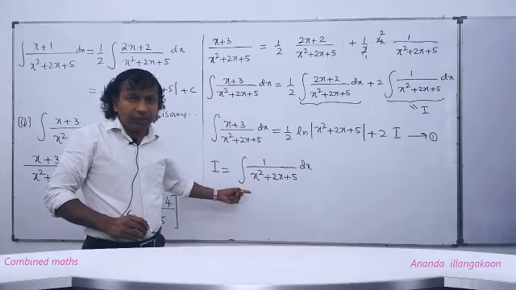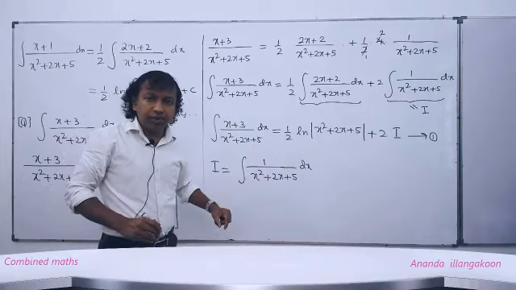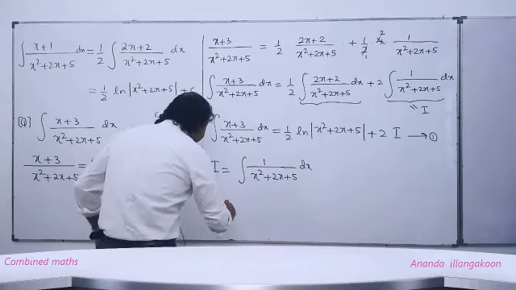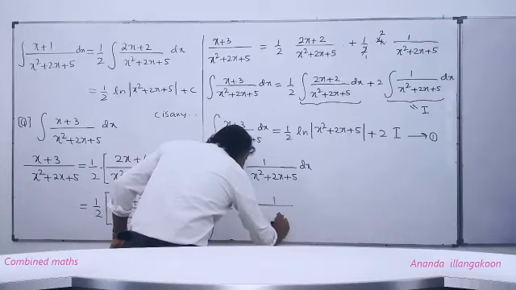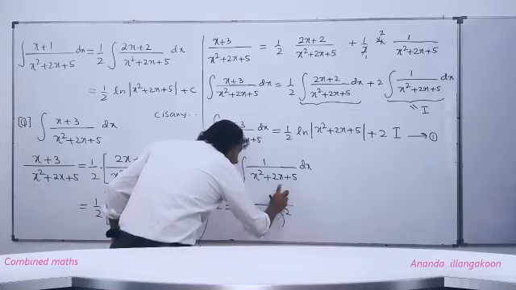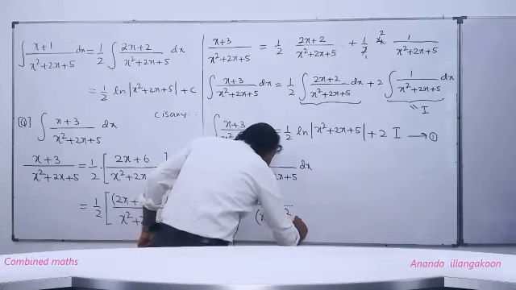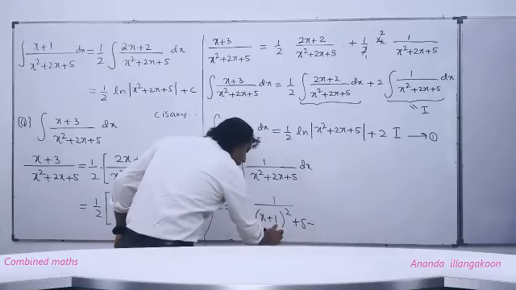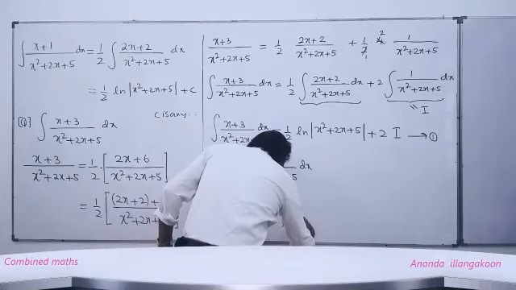If factorable, we don't know factors, we don't have factors of this. Then what we do? We complete the square, right? We complete the square of this. What do you get? We have to put perfect square in bracket. X we write plus, divide x coefficient by 2, we get 1. Then this 5. And we always subtract the perfect square of this. 1 squared is 1. This way we have dx.